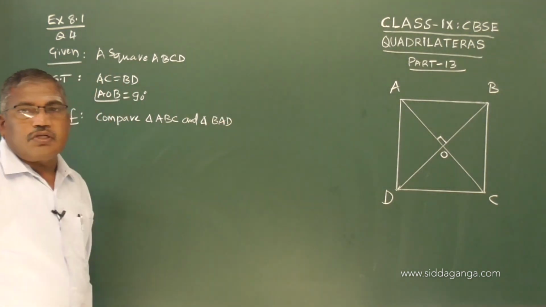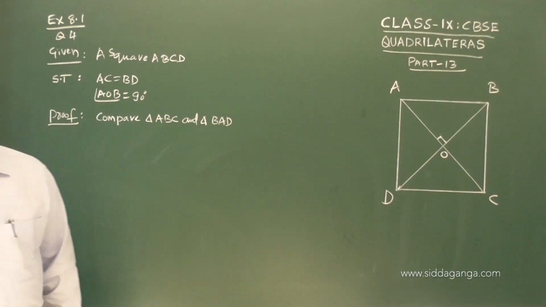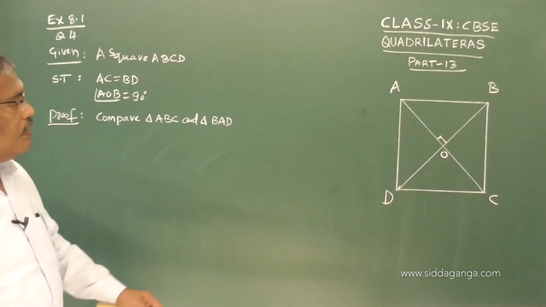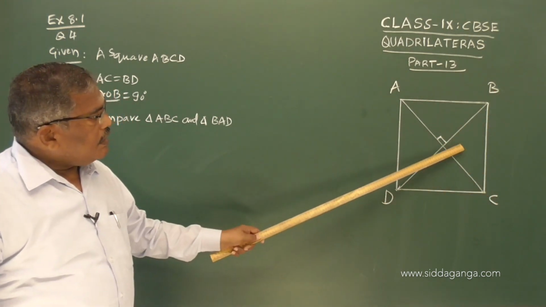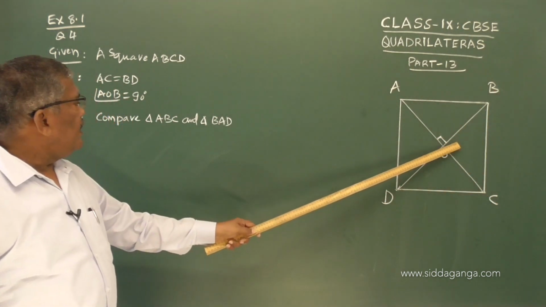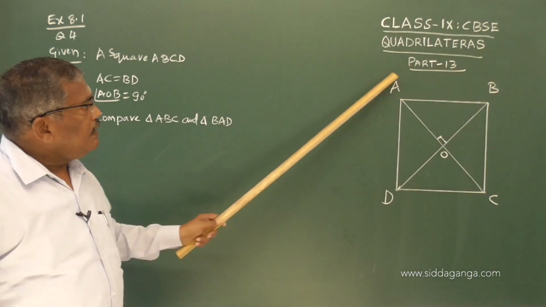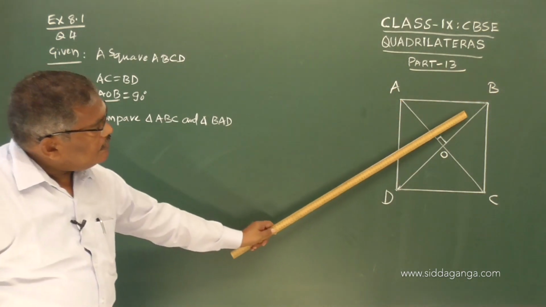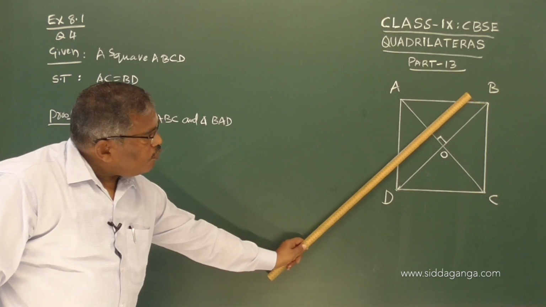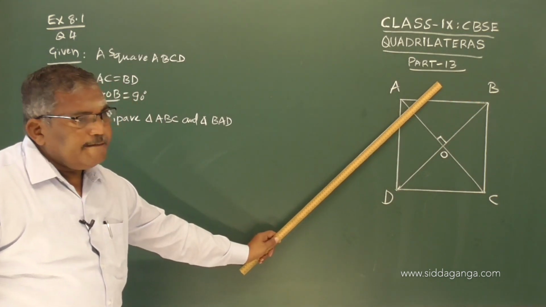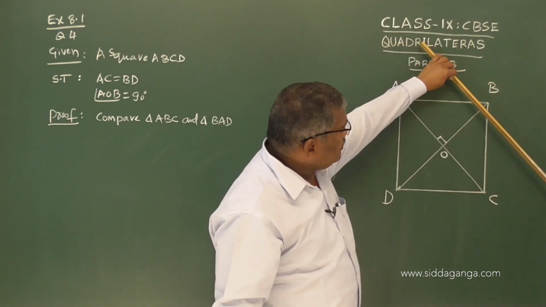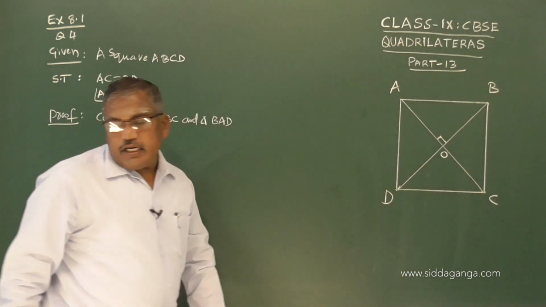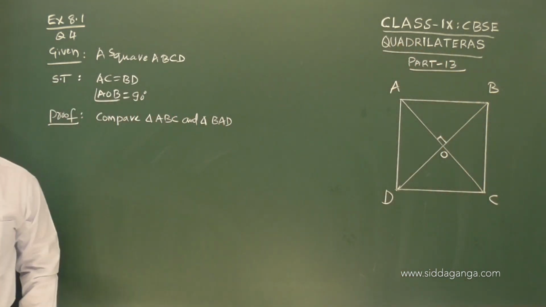So, observe these two triangles. You keenly observe the figure now. So, ABC is this triangle and BAD is this triangle above to the left of this BD, and this is to the left of AC. So, these two triangles we are comparing.